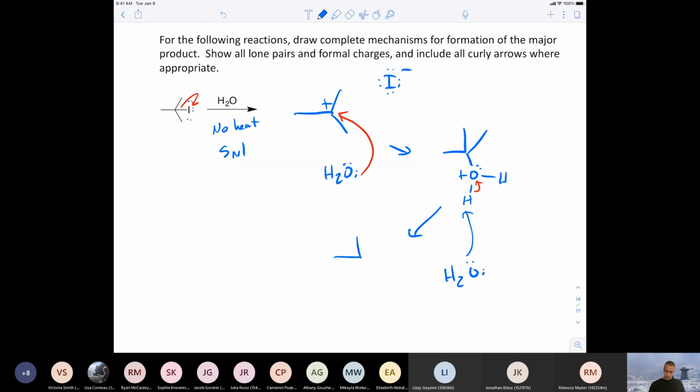This makes the product, plus we still have the I minus from the first step. Why does water attack in the second step and not iodide? Which is a better nucleophile, iodide or water?